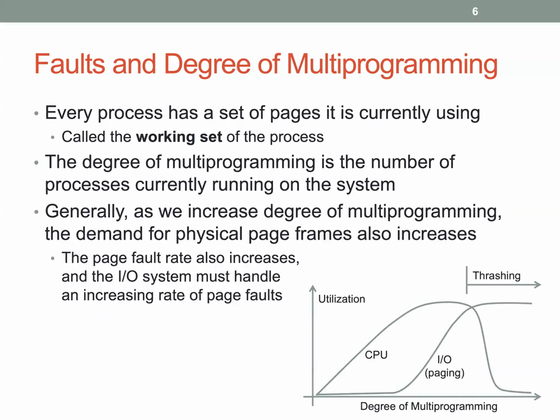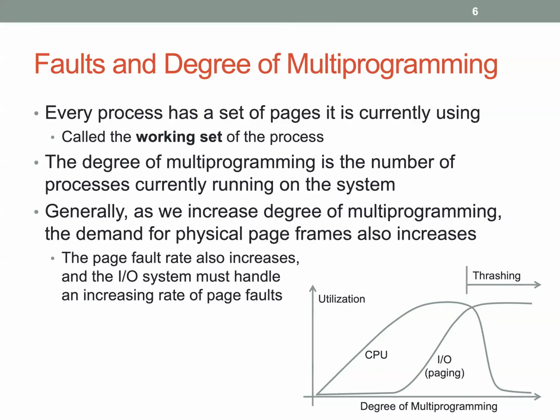And so qualitatively, you'll see the behavior that's described by this little graph in the bottom right of this slide. As you increase the degree of multiprogramming, you start increasing the overall requirement for frames on the system. You also increase the CPU utilization because programs do need to read data. These aren't compute intensive processes.